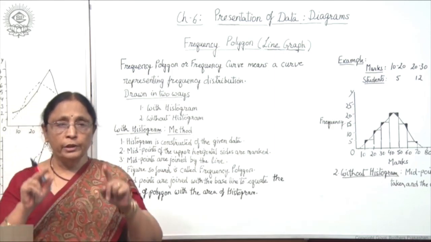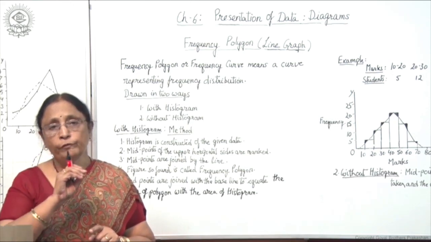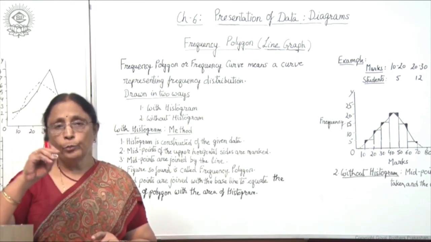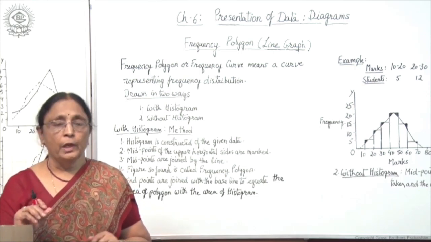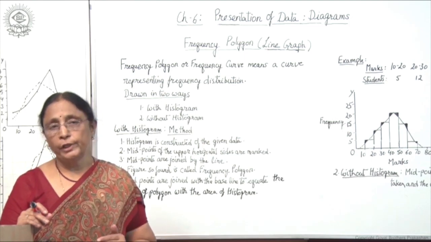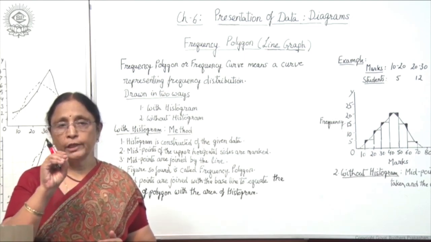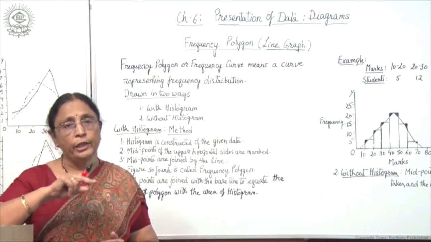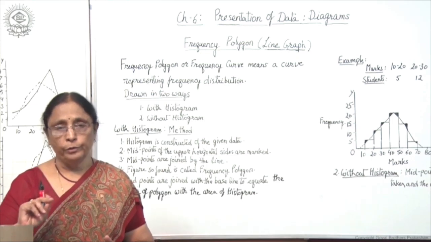Either we draw the histogram first, then take the midpoints of each rectangle and join the points by a line to get the frequency polygon. And if we are drawing it without a histogram, then first we have to calculate the midpoints, plot the midpoints on the OX and OY axes, and then join these points to get the frequency polygon.